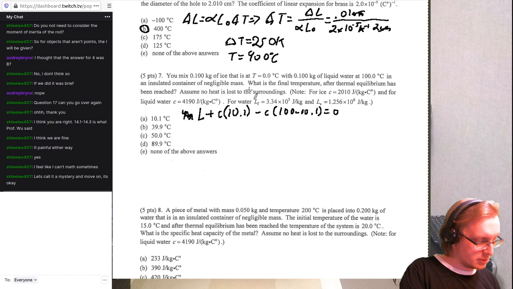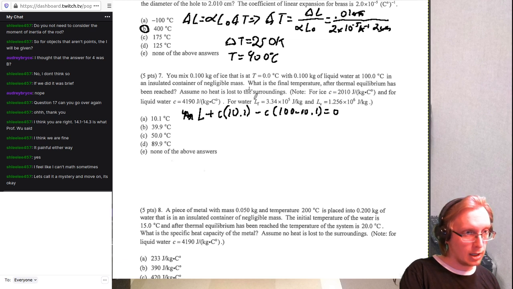Noticing how that works out, we end up with 2 times 10.1 minus 100. Delete all that. Go on. All right, there's a number. Okay. 39.9. That's a big number. Uh-oh. That's weird.